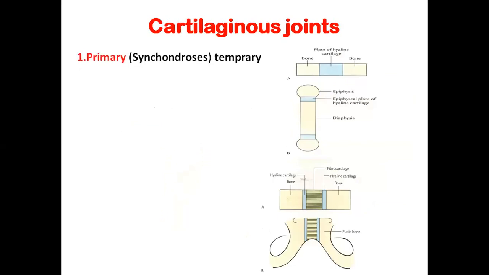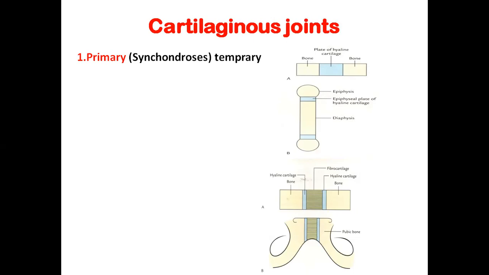So first we discussed a type of solid joint, that was the fibrous joint. And in fibrous joints, we mentioned that the adjoining bones have connective tissue between them, and they are immovable joints.